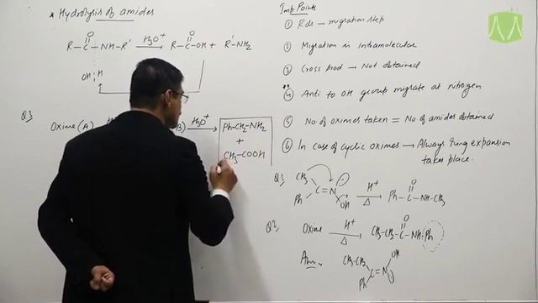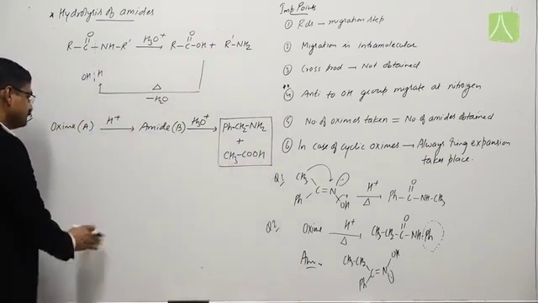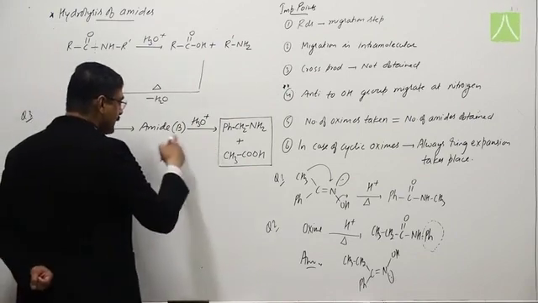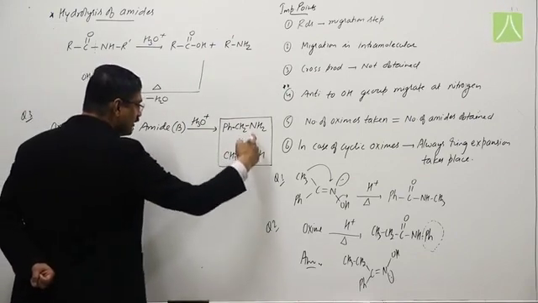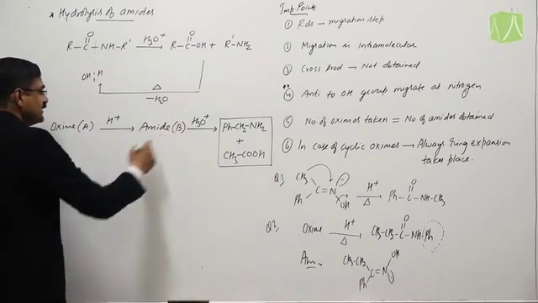Then find the structure of A and B. First imagine the amide after removal of water from the amine and acid. So solution starts from the second step.